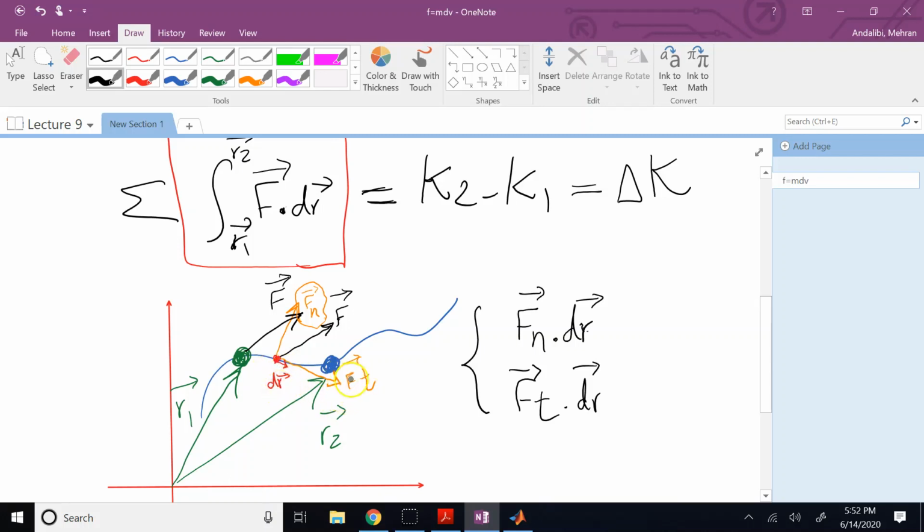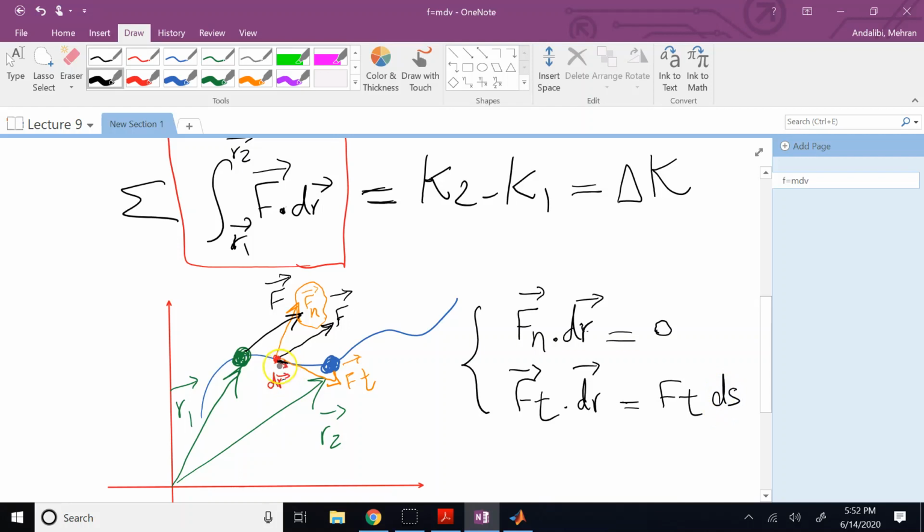So dr and Ft are parallel, but dr and Fn are perpendicular. And we know when two quantities are perpendicular, the dot product is 0, and when they are parallel, it is max, right? So it is just Ft, and dr I can also replace by ds, and ds is the magnitude of dr, the small length of the curve, right? So I can write it like that.